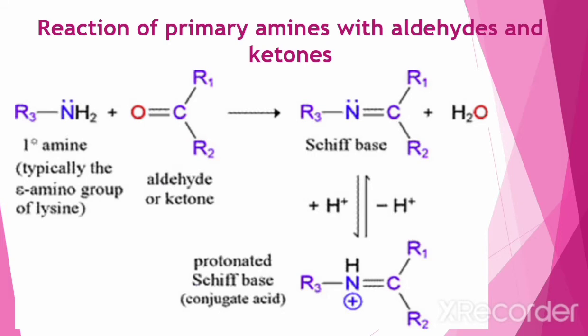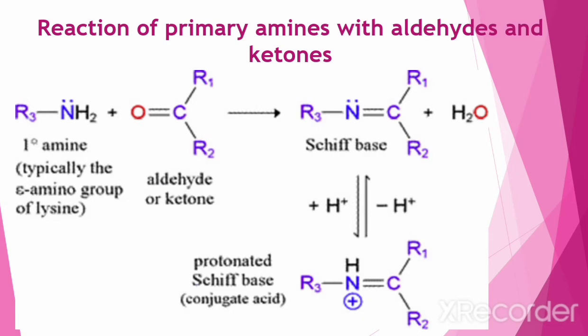So we will write the numbering with alkyl groups, that is R1 and R2 on the aldehyde or ketone, and R3, the alkyl group that is attached to the amine. And we will see where the alkyl group will attach in the final product. So when these two react with each other, they form a Schiff base.